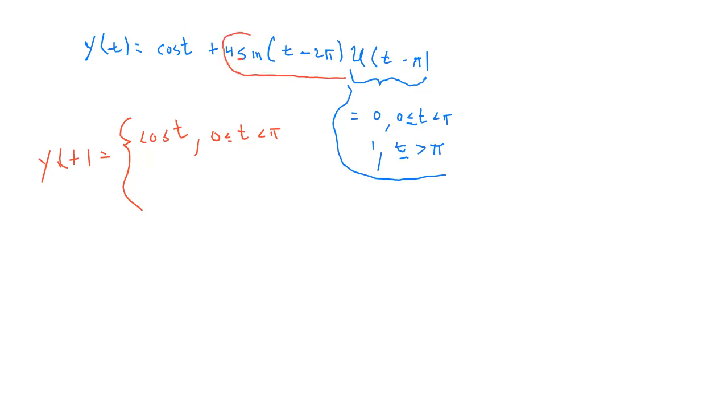This entire term equals 0 because the unit step function equals 0 when t is between 0 and pi. But when t is greater than or equal to pi, you're going to have cosine of t plus 4 times the sine of t minus 2 pi. And that's when t is greater than or equal to 2 pi. Because then the unit step function equals 1.